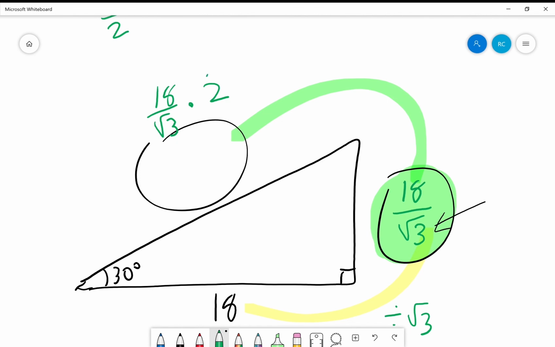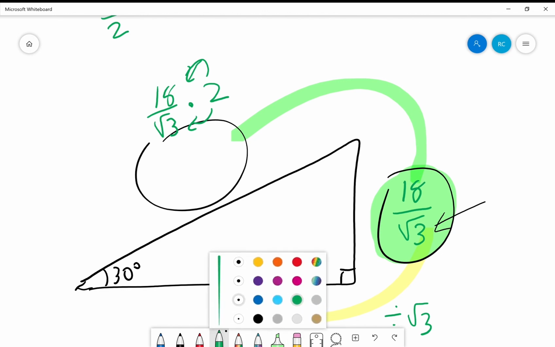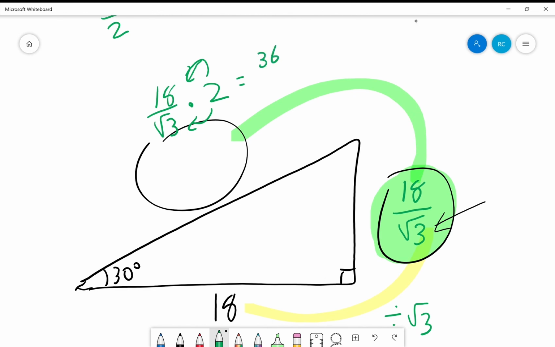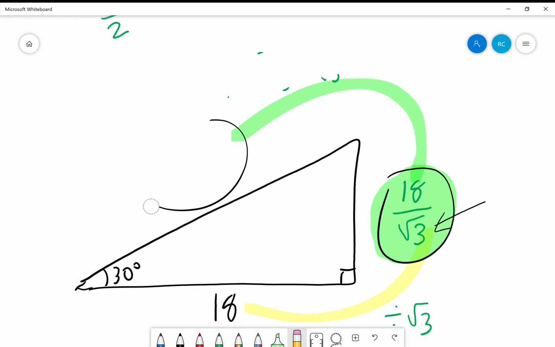Do I multiply the top and the bottom of the equation by 2? Well, if we did that, we'd get 36 over 2 root 3, which cancels to make 18 over root 3. That can't be right. That's the same thing we started with. So you don't want to multiply the top and the bottom of the equation.